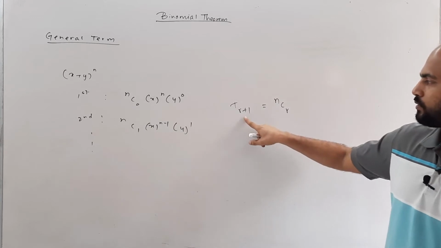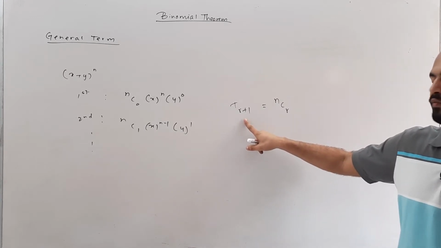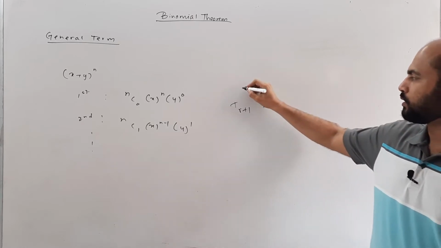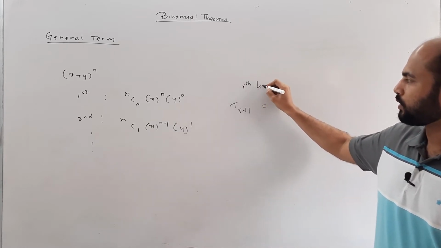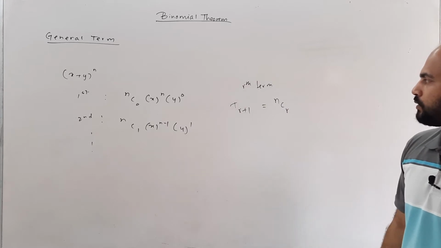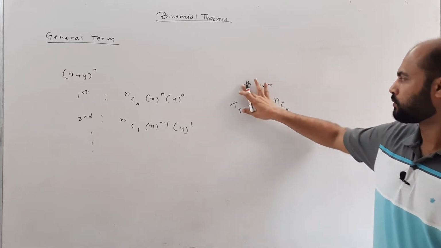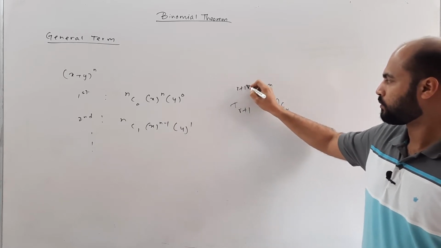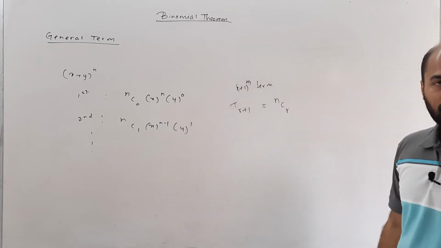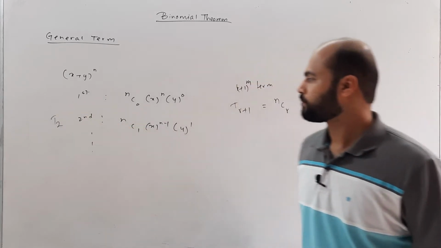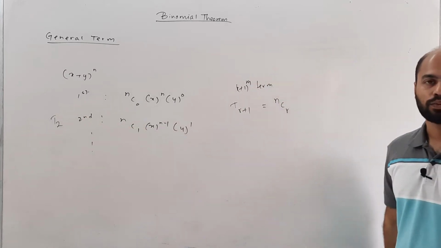Similarly, if it is the rth term that we are writing, we have to write it as T(r+1). So for example, if you are writing the second term, this is going to be T2, so r plus 1 will be 2.